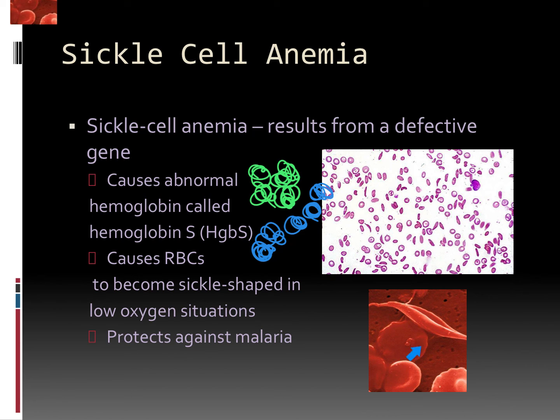So instead of being nice, smooth, round red blood cells, some of them sickle, which can be very painful when they try to move through blood vessels. The part that you might remember from biology is that the sickle cell trait, being a heterozygote, can help protect against malaria. We'll talk more about that later on in the unit.